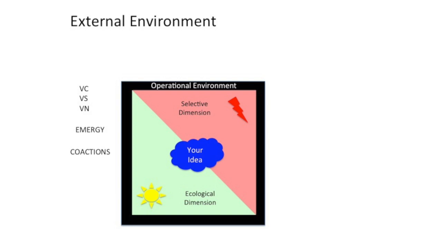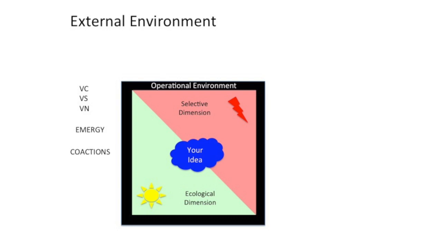There are other factors which are not really coming into your consideration in terms of being locked into that operational environment as yet. But maybe there's some government policy. Maybe there's some other initiatives out there. Maybe there's some things happening from the ground up that you can tap into. Maybe there are organisations out there that you can form relationships with. Maybe there are other stakeholder groups that you can develop some positive coactions with, right?